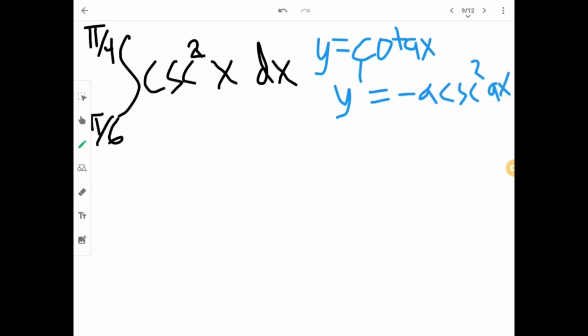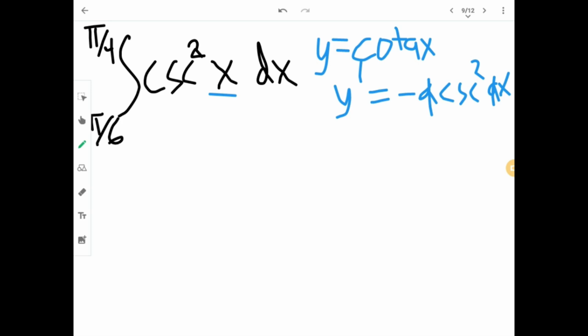And you don't have to worry about a now because it's x, it doesn't have any coefficient. But if you did, then you would simply divide by it. So the derivative of cotangent is minus cosecant squared. Therefore, the antiderivative of cosecant squared is minus cotangent.